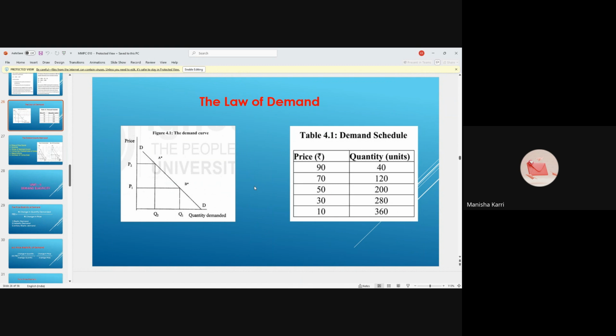This idea of the law of demand seems to be a pretty logical and accurate description of the behavior we would all expect to observe. It states that consumers are willing and able to purchase more units of the good at lower prices than at higher prices, other things being equal.